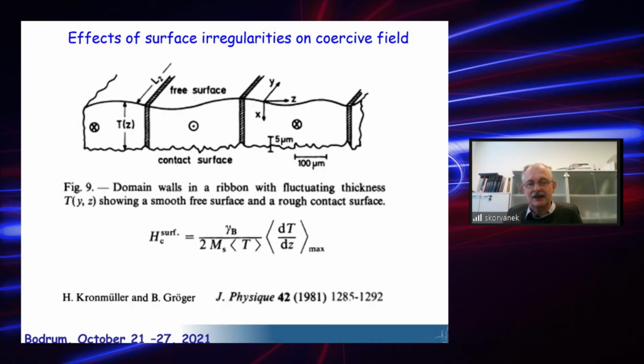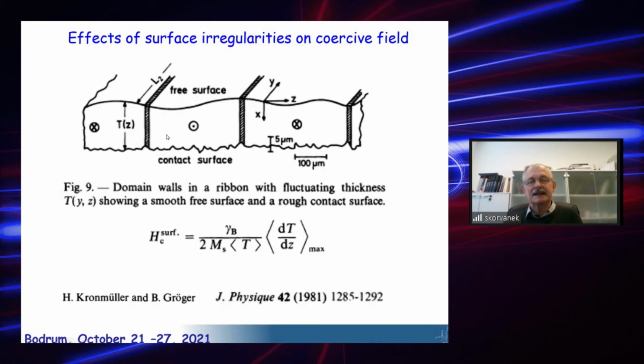And he showed that there are some contributions that are not visible normally because the magnetoelastic contribution is so high that it's much higher than these contributions. But he considered that there is a contribution from the surface roughness of the material. And this contribution, of course, could be observed only when the coercivities are extremely low.